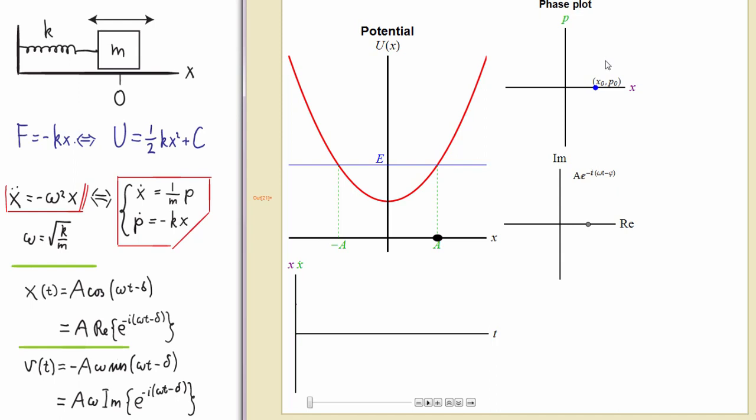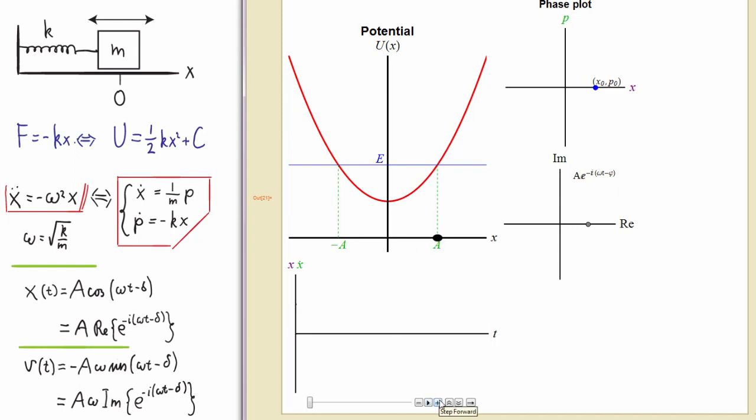And this is convenient because the state of a harmonic oscillator depends not only on position, but also on its velocity or momentum. So any point in this phase plot uniquely determines the state of the harmonic oscillator. That's not true on the x-axis.